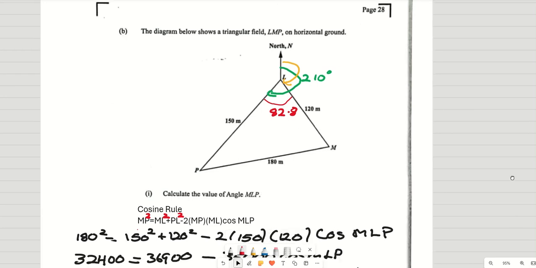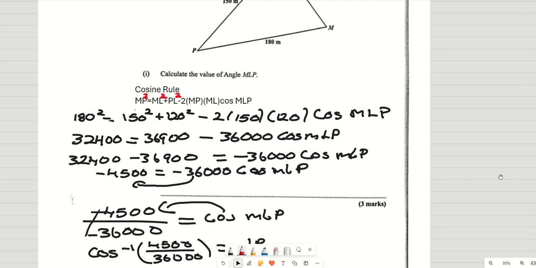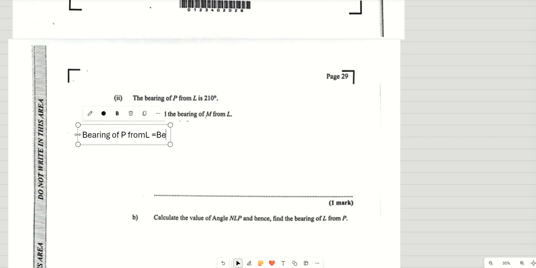When you subtract the two, that will give you the bearing of M from L. So let me write out what I had there just now. I have my bearing of P from L is equal to my bearing of M from L plus angle MLP.